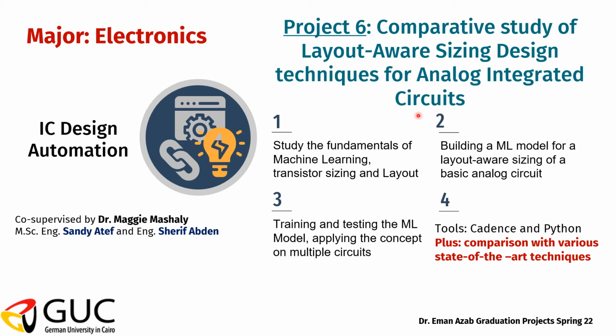We all know from our courses in the 7th semester how we would get different results if we migrated from the sizing up to the layout, and the effect of the parasitics on the circuit specs. So we're going to study how to employ multiple techniques to make a layout-aware sizing technique for analog integrated circuits. This project is focused on analog electronics, it's not a digital one.